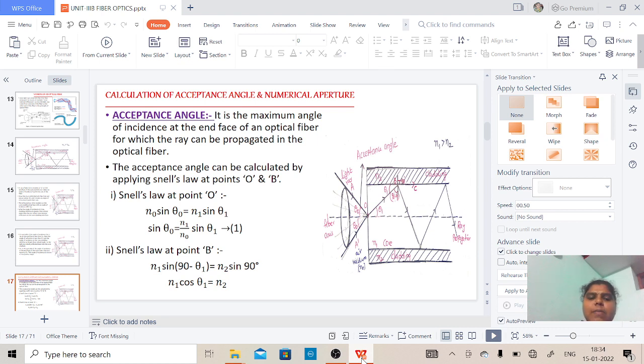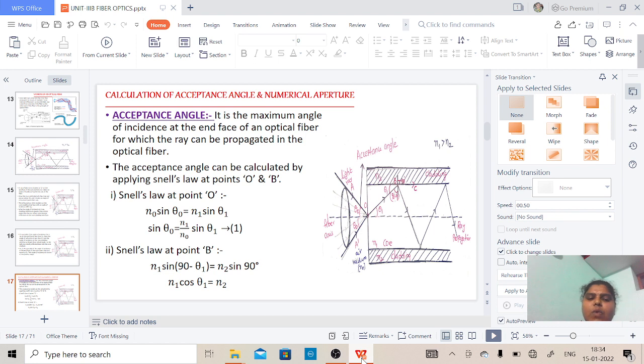So Snell's law at point O, that is at the origin, the starting point of the ray: n naught sine theta naught equals n1 sine theta 1. So sine theta naught equals n1 by n naught sine theta 1. Let it be equation 1. And now Snell's law at point B, there are also two media.